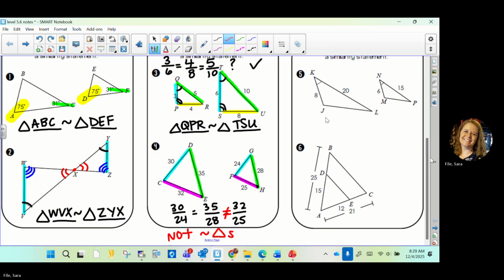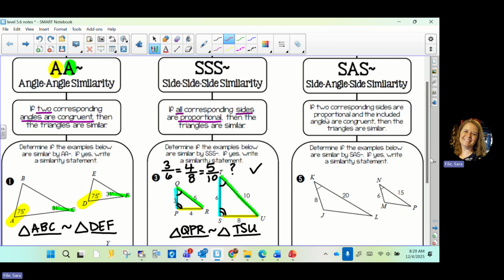Good? All right, last but not least, the last similarity statement that proves the triangles are similar is side angle side. Now, that's 2 sets of sides have to be proportional, okay? So 2 sets of sides are proportional. Now, it's really important that we understand this terminology here.